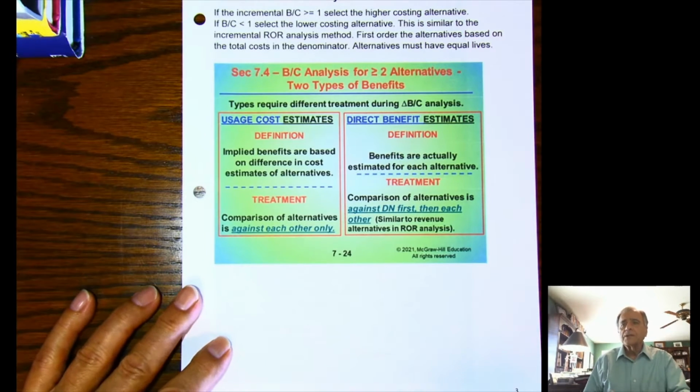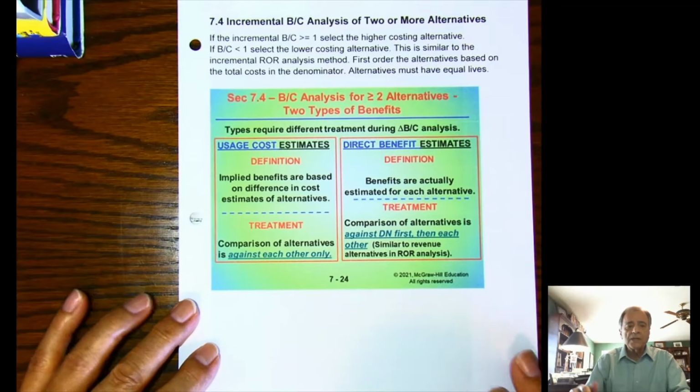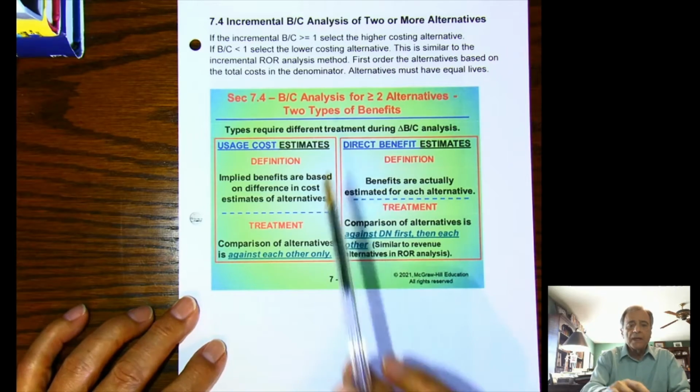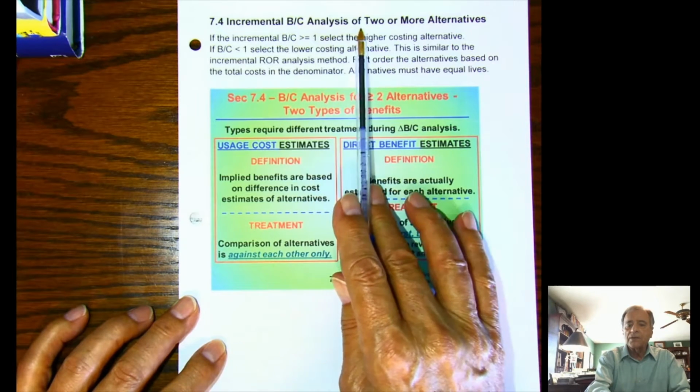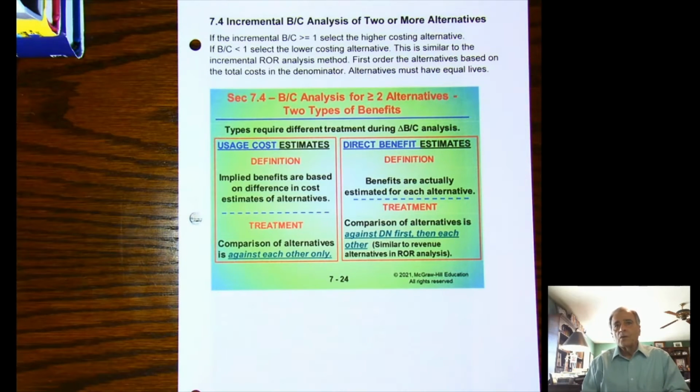The next section of the course is section 7.4, and it deals with incremental benefit cost analysis of two or more alternatives. Recall, when we did rate of return, when we had more than one investment, we had to use an incremental approach because rate of return didn't work, so to speak, by just getting the investment with the largest rate of return.